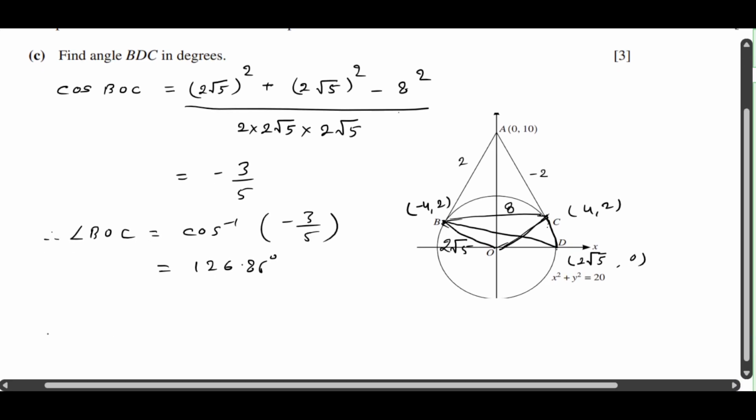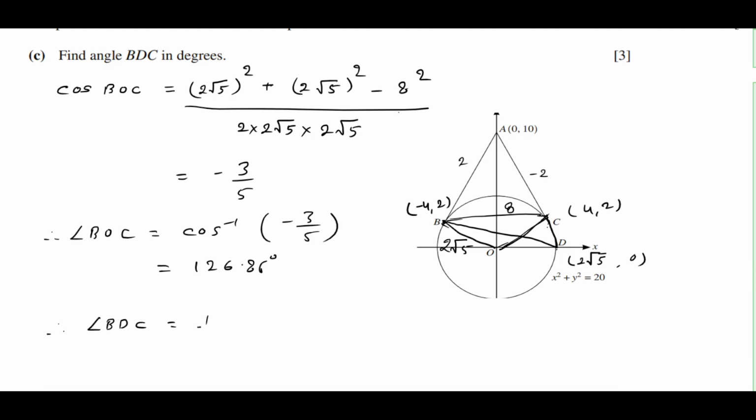So therefore angle BDC is equal to half of this, 126.86 divided by 2 is 63.43. This value is 63.43 degrees. Angle BDC is 63.43 degrees, right? Done all the problems in this question.